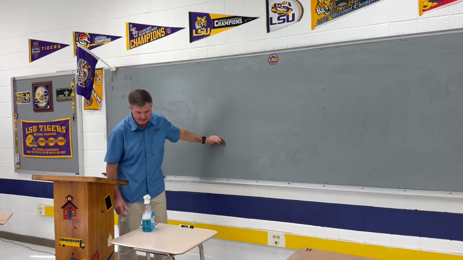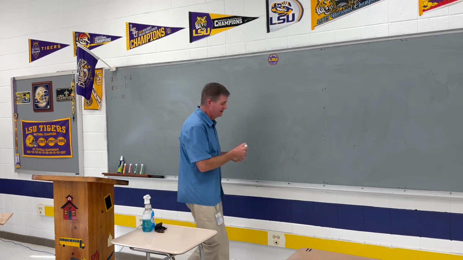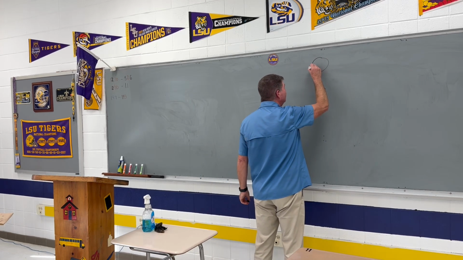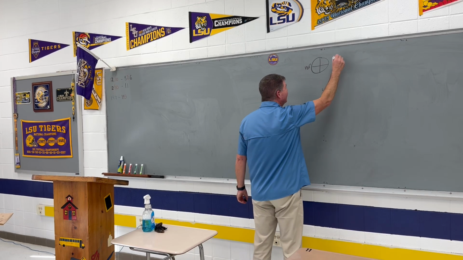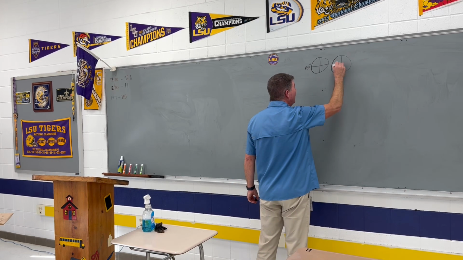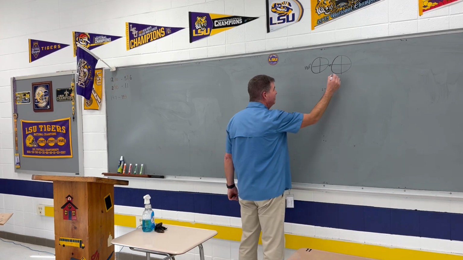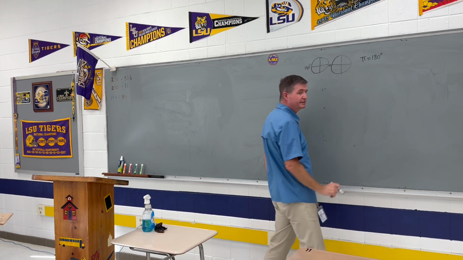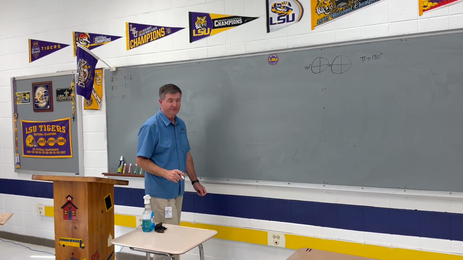So that right there is my equivalent. On a circle, this is 180 degrees, and at the same spot, it's pi radians. So I know that pi equals 180 degrees. And we're going to use that in order to convert.